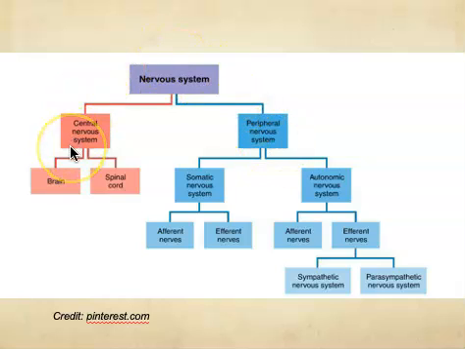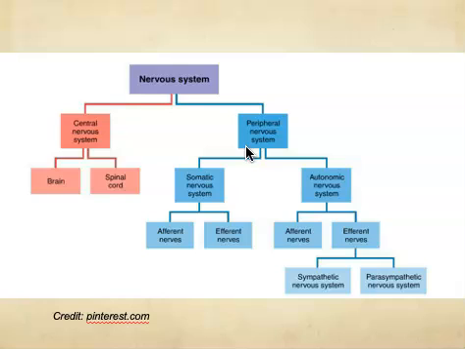The central nervous system being where sensory information comes in, some decision is made about how to react to that sensory information, and that decision is sent out to have some kind of an effect. So, brain and spinal cord make up the central nervous system. Everything else is part of the peripheral nervous system.